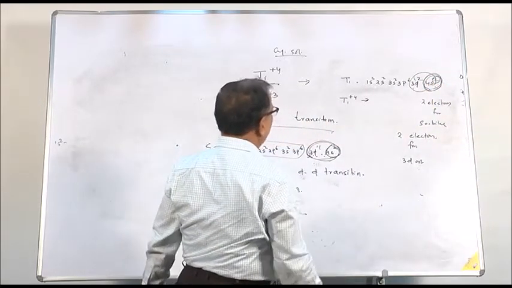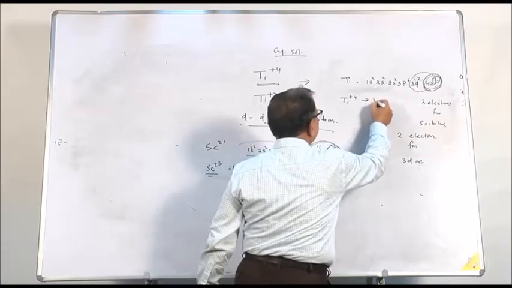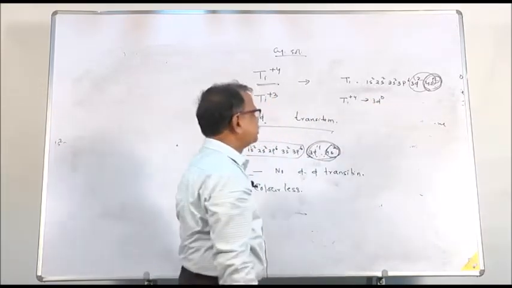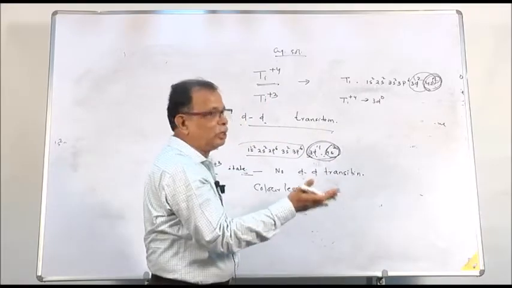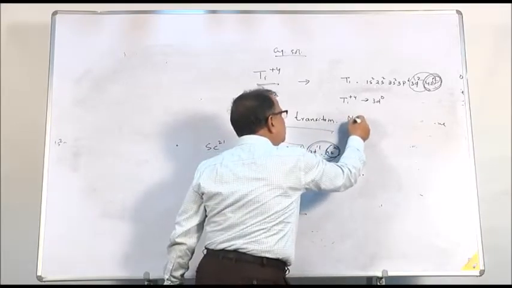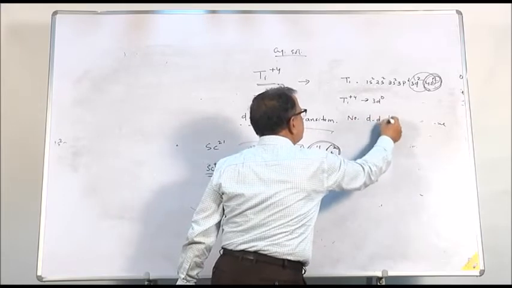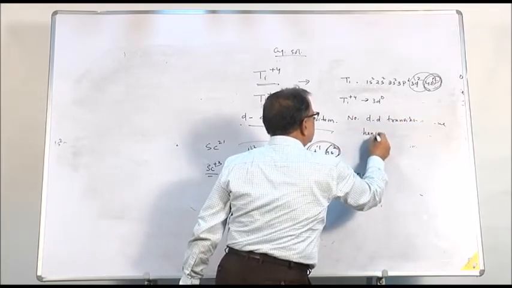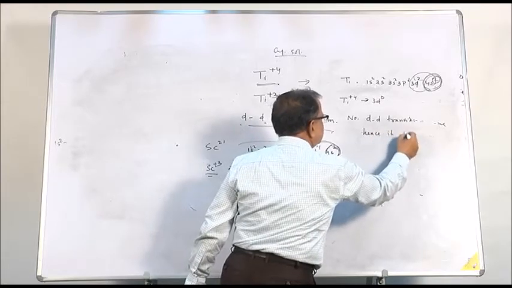Titanium plus 4 will have configuration 3d0. Since there is 3d0, no transition is possible, therefore no d-d transition, hence it is colorless.